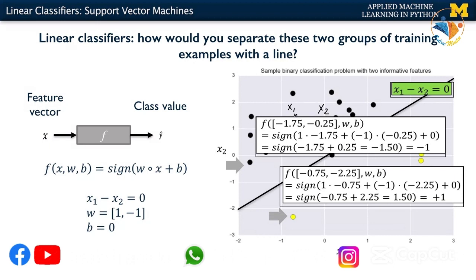Again, if we take these values and plug them into this part of the equation, applying the weights and the bias term that describe the decision boundary as we did before, we find that the classifier predicts a class of -1 here. So you see that by applying a simple linear formula, we've been able to produce a class value for any point in this two-dimensional feature space.